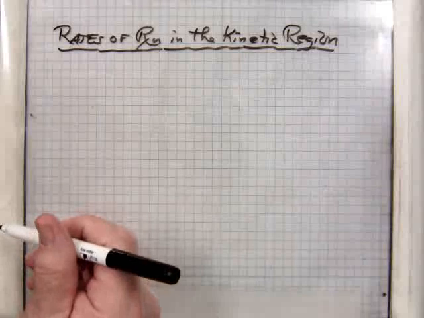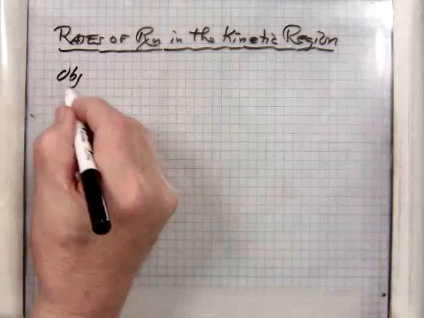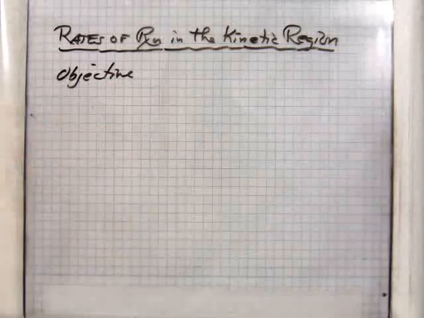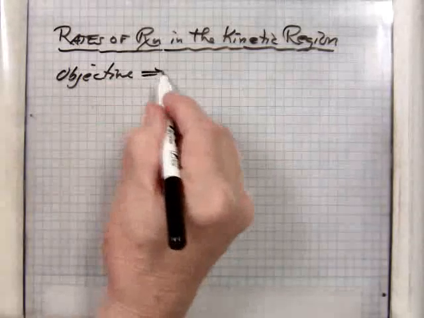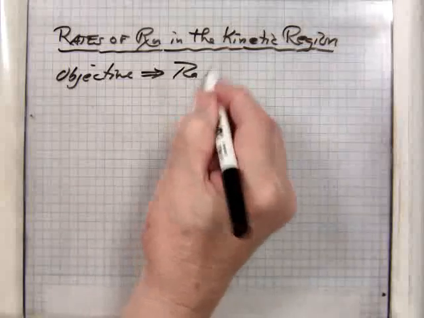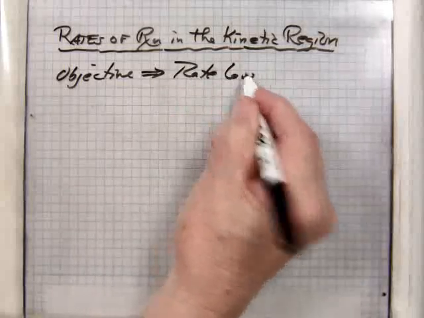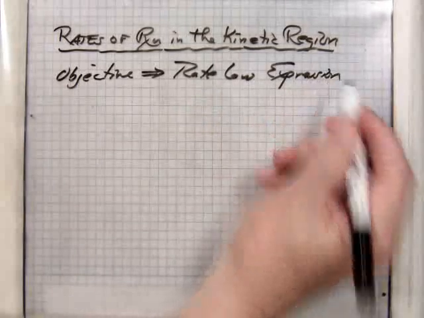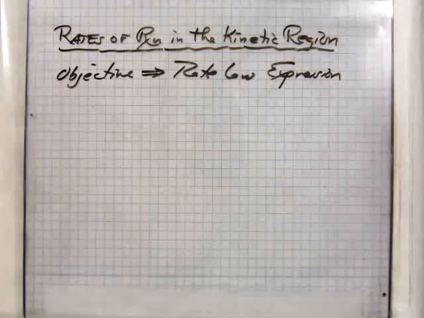So the object of a kinetic study is to generate a rate law. It's a mathematical expression defined in terms of the reactant concentrations that define the speed of that reaction.